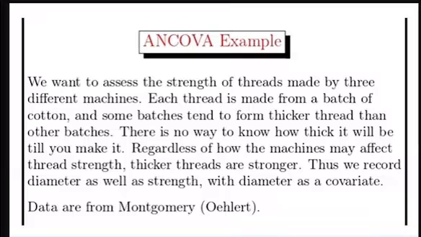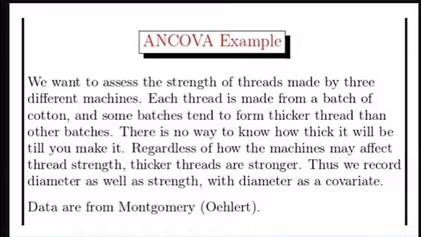Each thread is made from a batch of cotton, and some batches tend to form thicker thread than other batches. There's no way to know how thick it will be till you make it. Regardless of how the machines may affect the thread strength, thicker threads are stronger, of course, we know. Thus, we record diameter as well as strength, with diameter as a covariate.